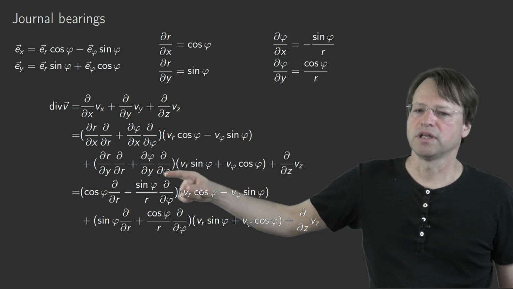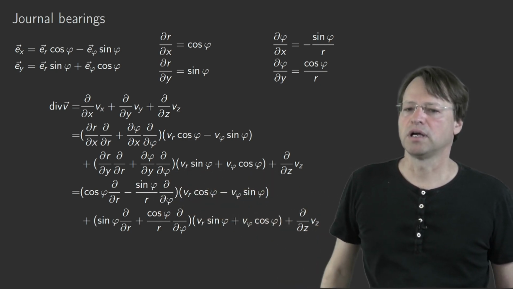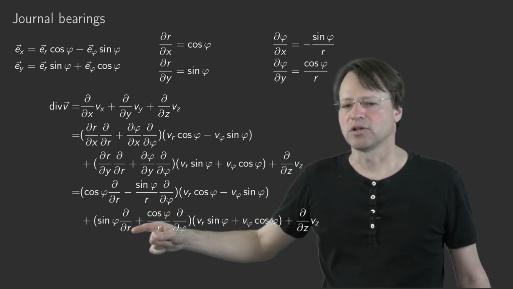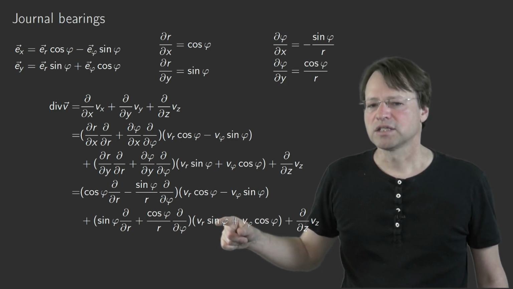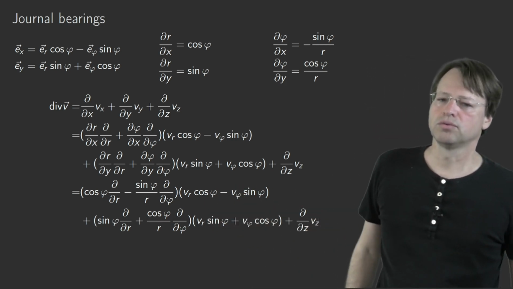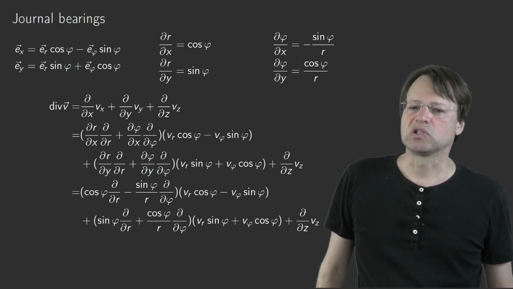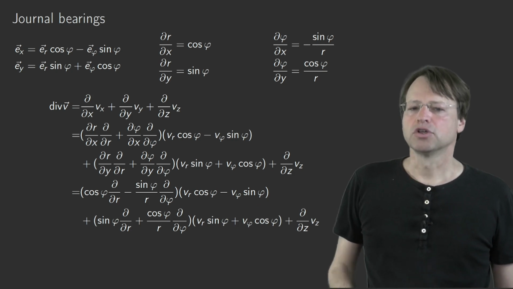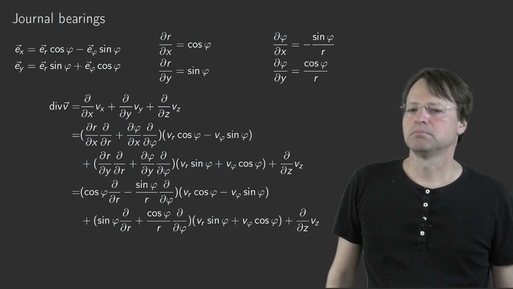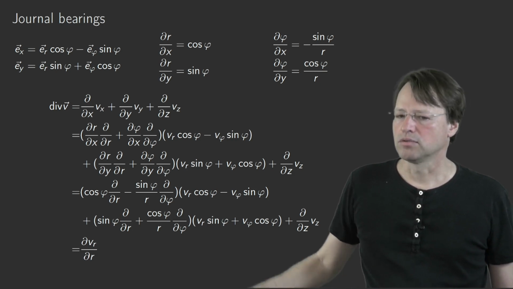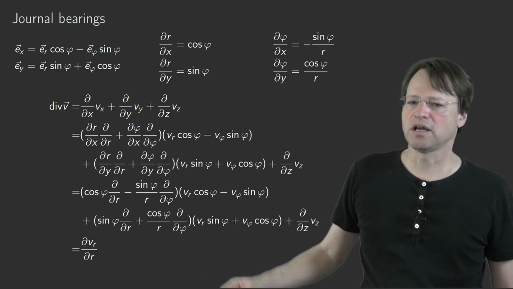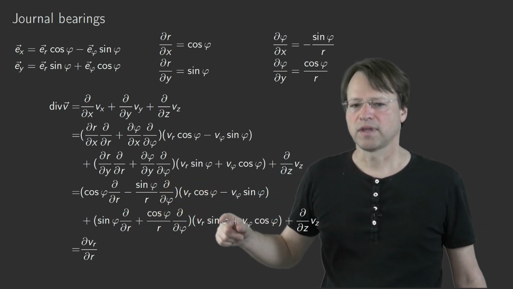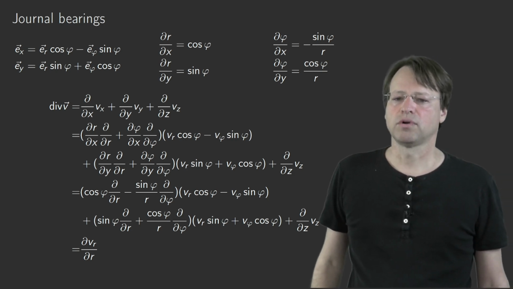So for example, if you take the derivative of v_r with respect to r, you can see that here you get cosine phi squared, while in the second line you will find a corresponding sine phi squared, and then of course due to the trigonometric Pythagoras this leads to 1, so you can combine these two terms to just dv_r by dr. This would be our first term, and as you can see, I've made no use of the first term here and the first term there. Let's move forward.